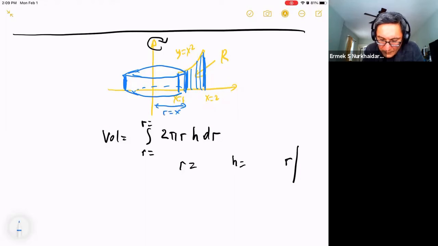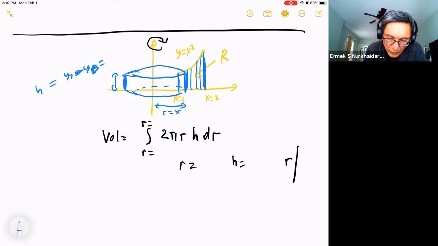So the radius is going to be x. The height is going to be y top minus y bottom. In this case, y bottom is going to be 0, so just y top minus 0.